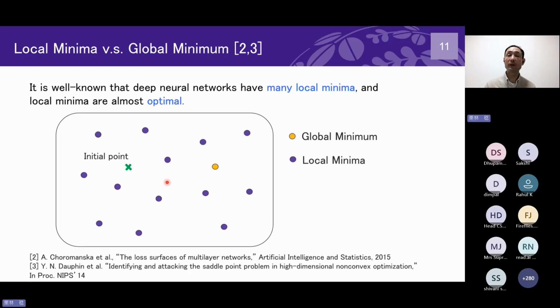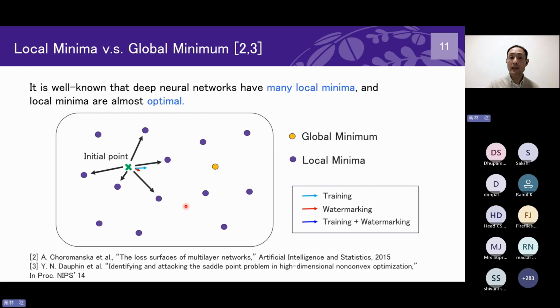But in the case of watermark embedding introduced in the training phase, the process is already modified from the original training phase. So this is the original point, and we try to find one of the local minima. To embed the watermark in the original training task, the initial point is moved towards a certain direction.